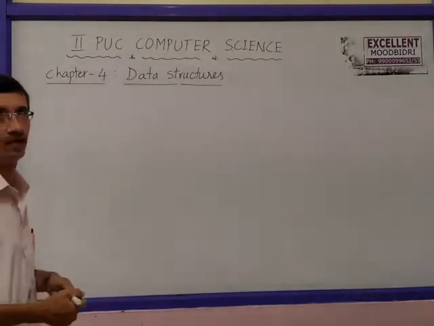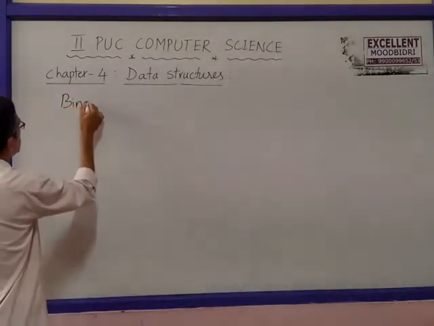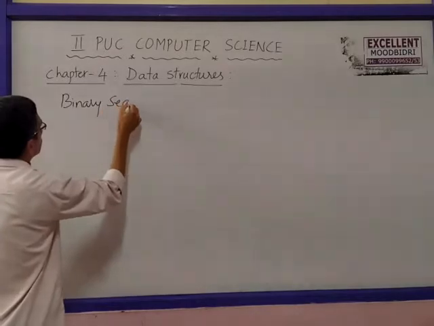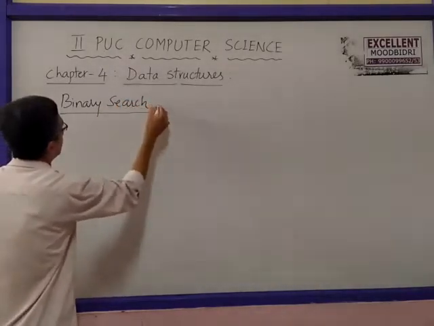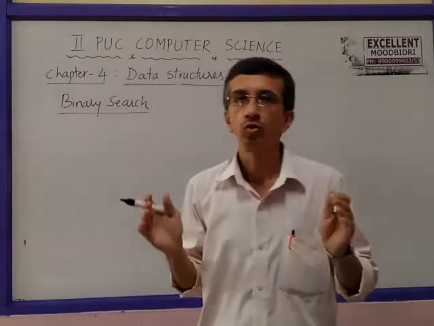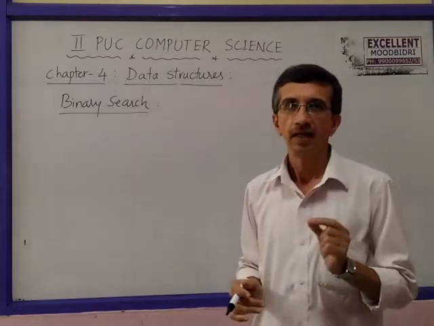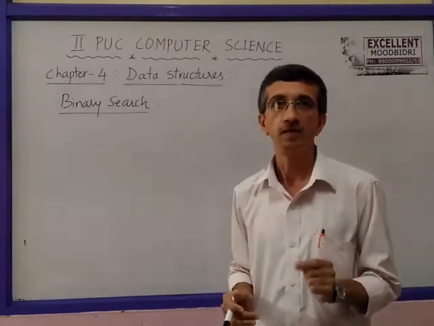Let us see what is happening in binary search. As the name says, binary search. Here, the total array is divided into two halves, and the search element is compared with the middle element.